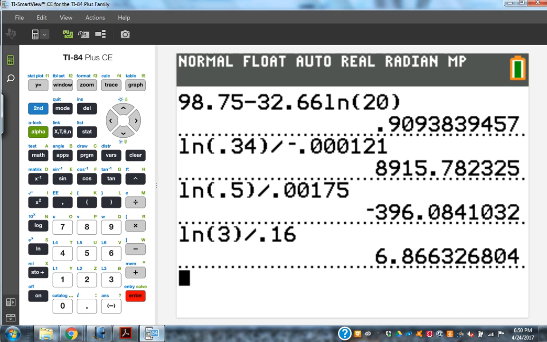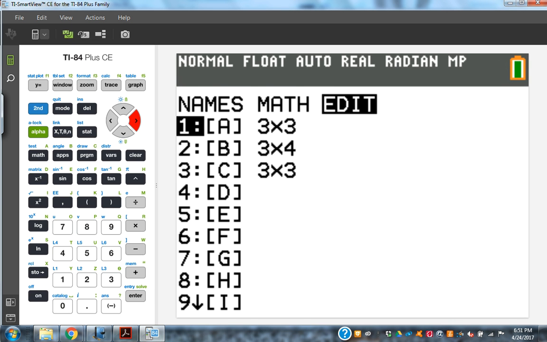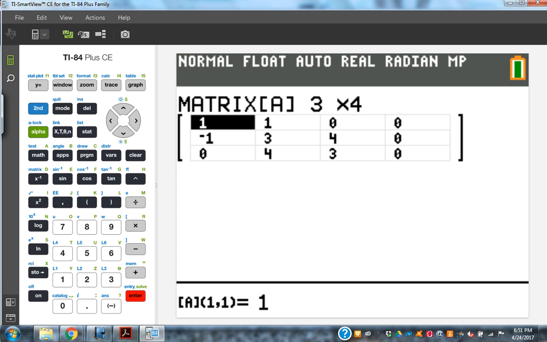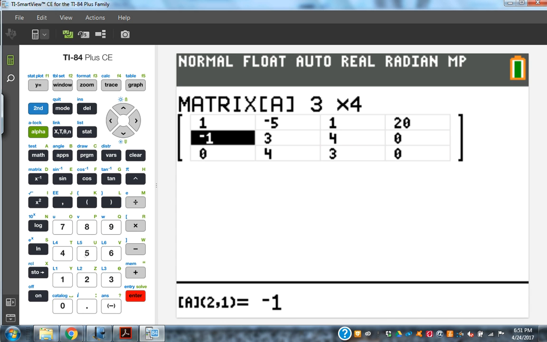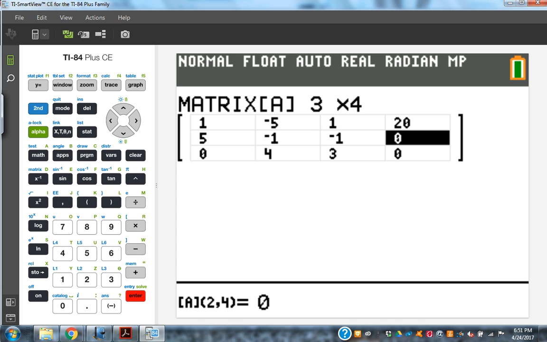I wonder what it would do if I went in my calculator. Let's go ahead and put that matrix in the calculator and see what it does. If it'll simplify it any for us. I don't think it will, but it might. So I'm going to put 1, -5, 1, 20, 5, -1, oops, that's another -1, 10, and then all zeros.